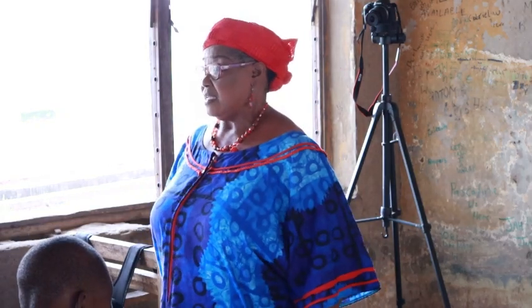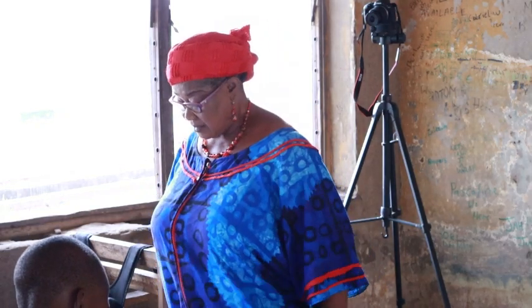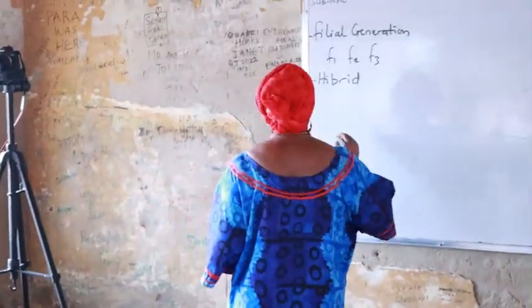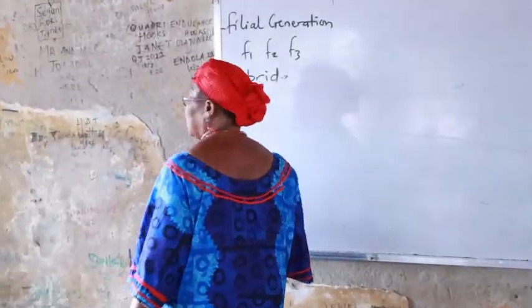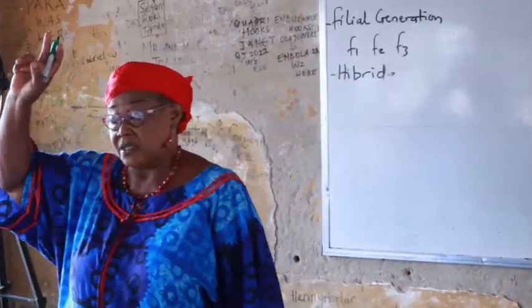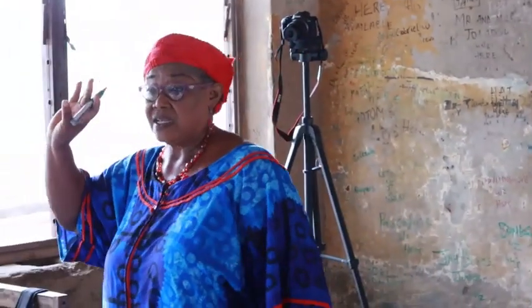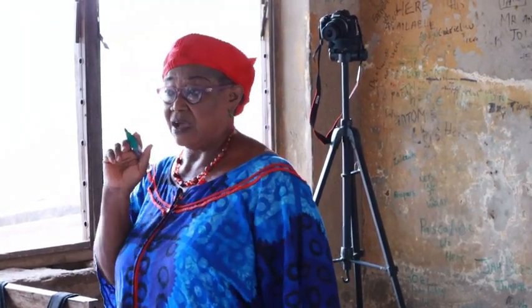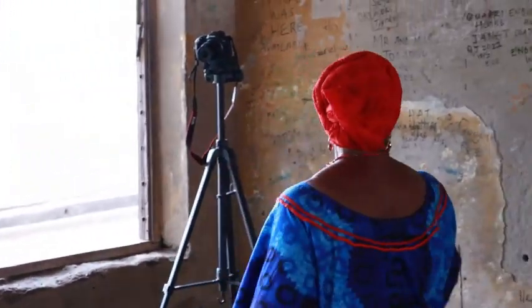So once you see the word hybrid, the first thing that will come to your mind is offspring. I hope you understand what I'm saying. Once you see the word hybrid, the first thing that will register in your head is that.